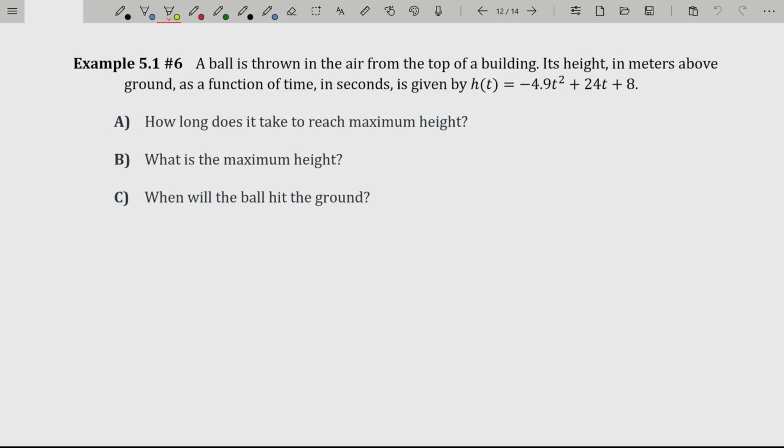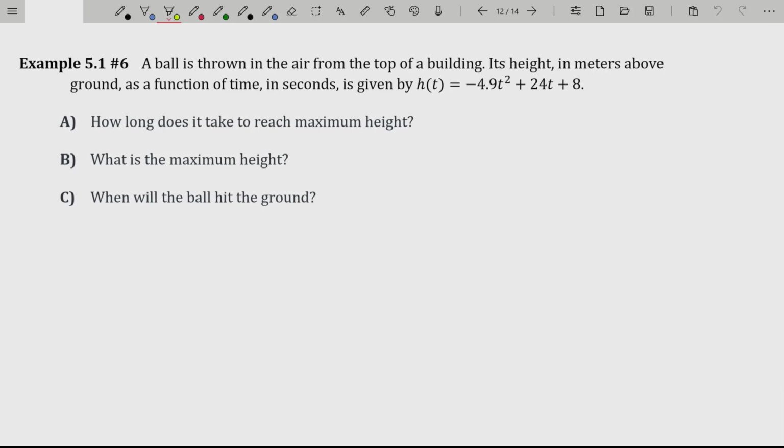Part A, how long does it take for that ball to reach maximum height? Now, if you think about the path of the ball as a function of time, not a function of distance, you're throwing it starting at a height of 8, because you're standing on top of a building, and you throw it up in the air.